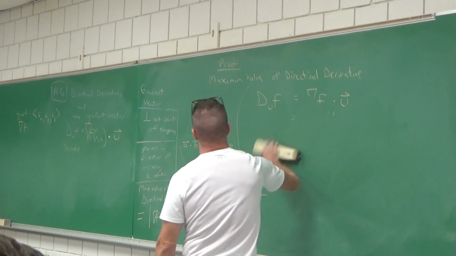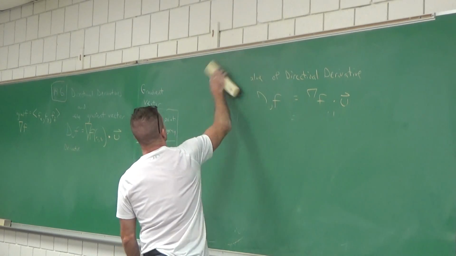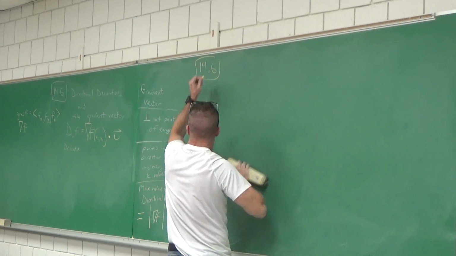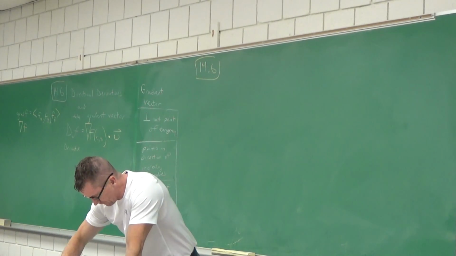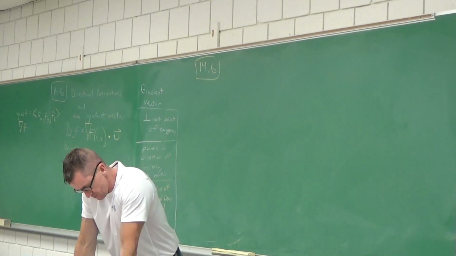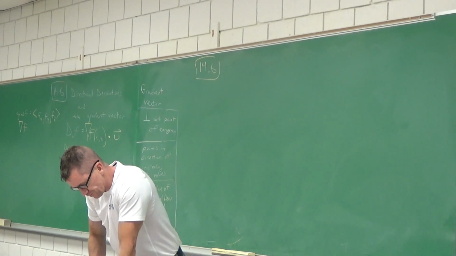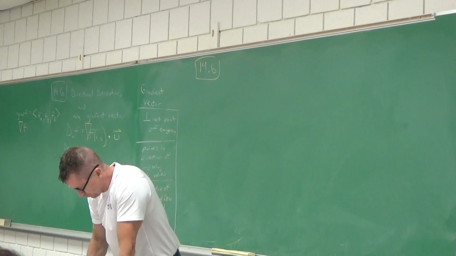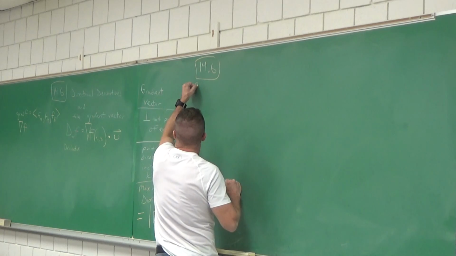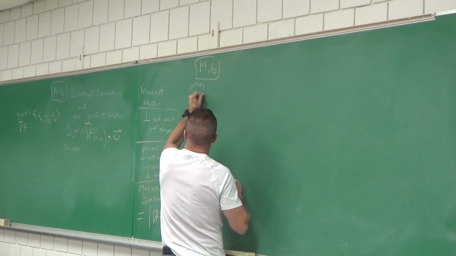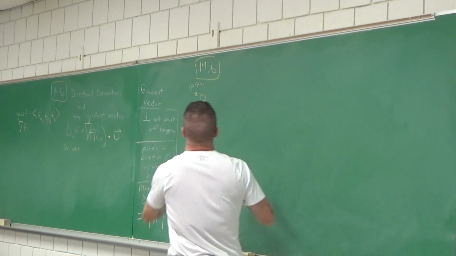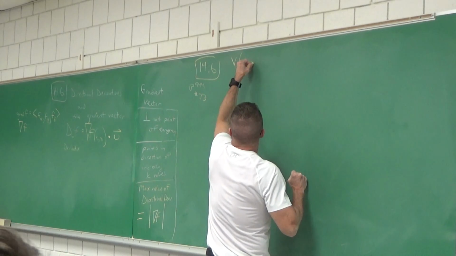On that note, everyone, I'm going to pick a problem from the textbook. This is in section 14.6. This is number 33 on page 944. It's got a part A and a part B and a part C. Part A. Well, V of x, y, z.